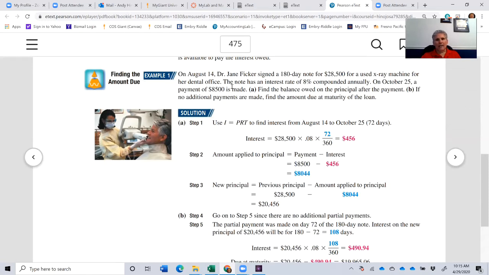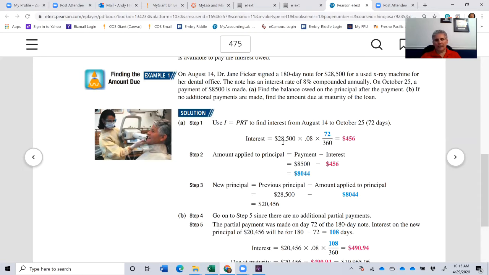If we have 72 days between those two dates, then we're going to use I equals PRT. I equals P, the principal, the $28,500 that she borrowed, times R, 0.08, which is the 8%, multiplied by 72 divided by 360. They told us at the beginning of this chapter to always use 360.